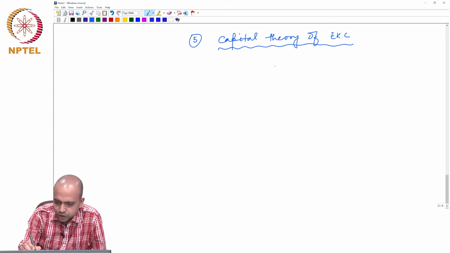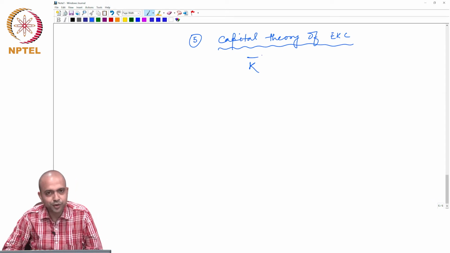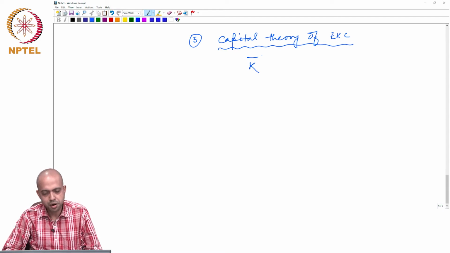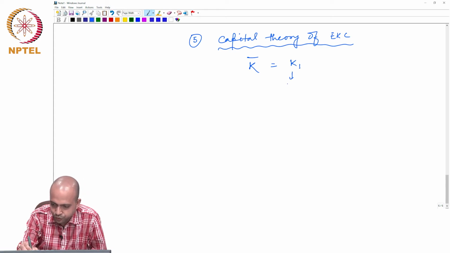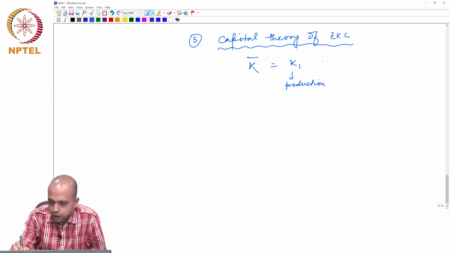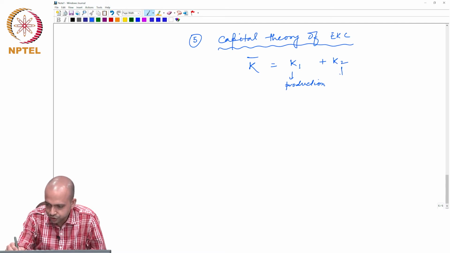Let us assume that the economy is endowed with a fixed amount of capital, which is K bar, and this fixed amount of capital can be used either for production, let us say K1 is used for production, and K2, this is also a fixed amount, which is used for pollution abatement.